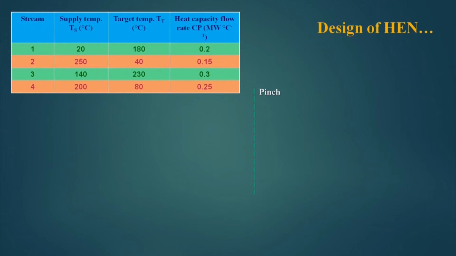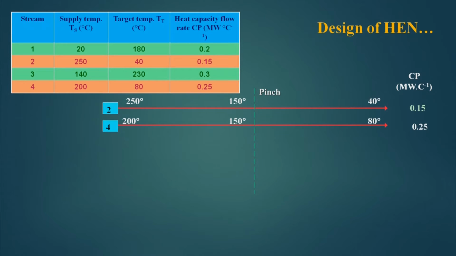Now, let us convert this stream table data into a stream grid diagram. The first stream, a hot stream, goes from 250 to 40 degree centigrade, and hot pinch is 150, Cp value is 0.15.